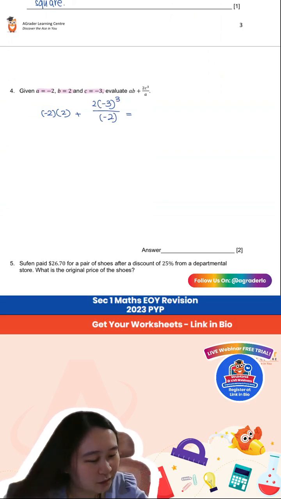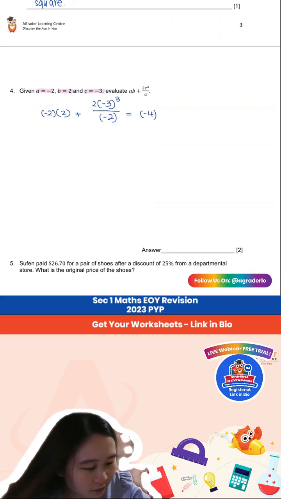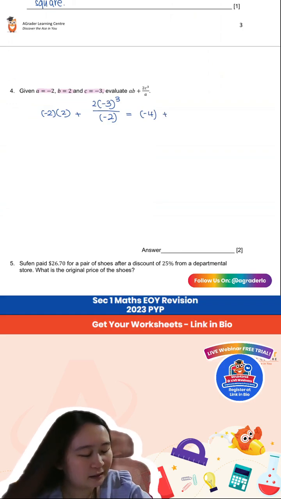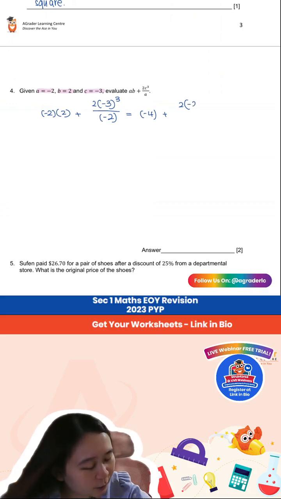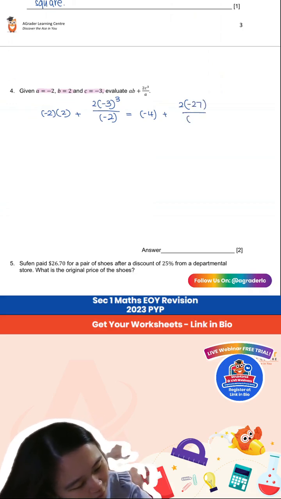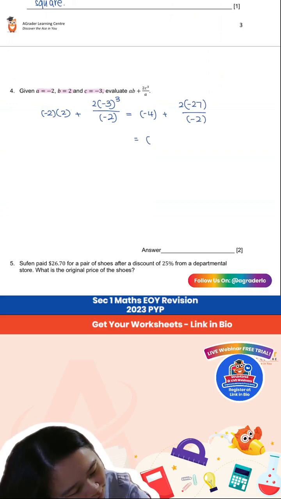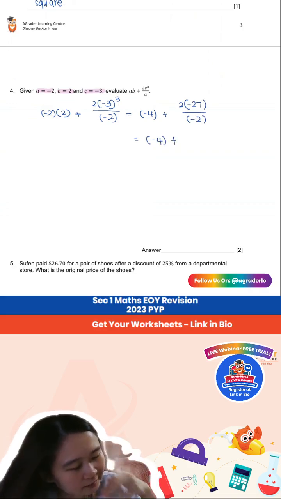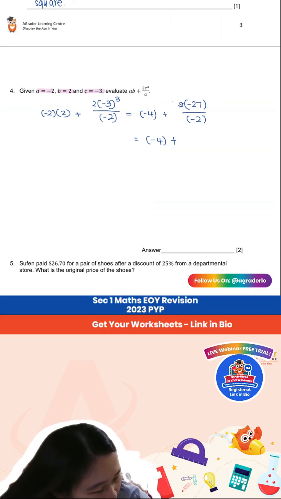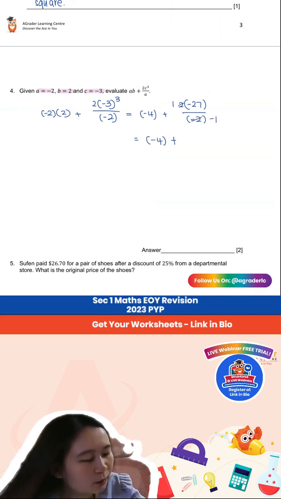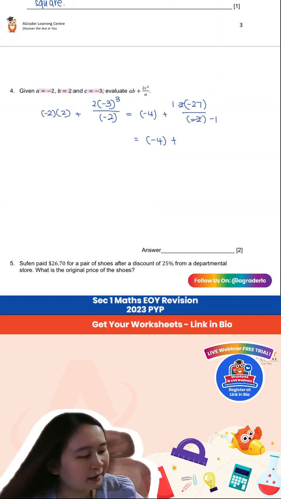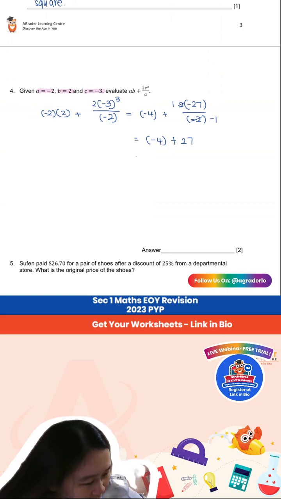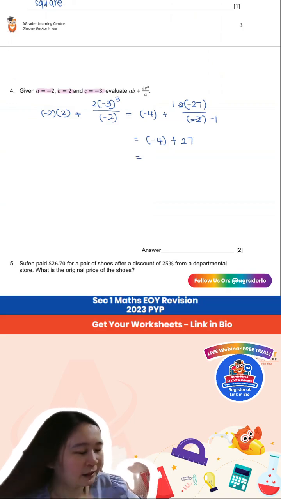So it's equals to -2 times 2, I get -4 plus 2 times -3 cube, I get -27 over -2. -4 plus, so I can divide them by 2, then -27 minus, divide by -1, I'll get 27. So -4 plus 27, I get 23.